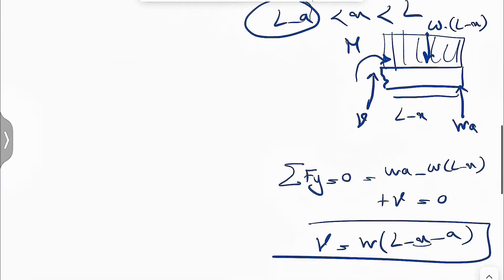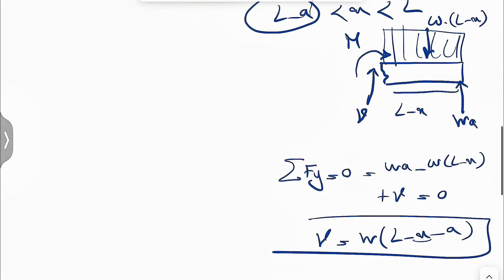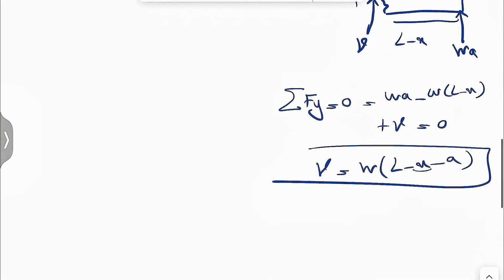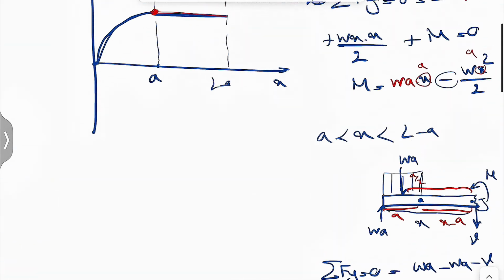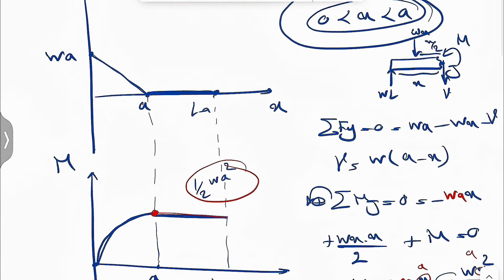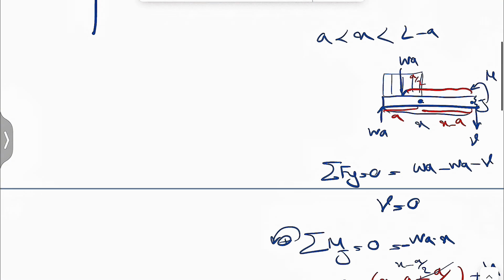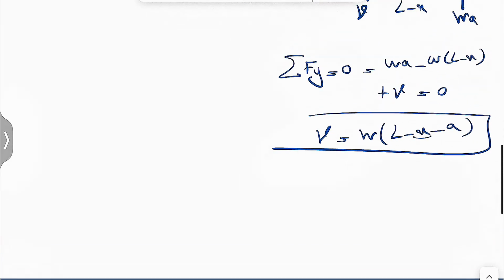And if we put the length L in there, we're going to get to negative WA, and we'll be on the negative side this time. So negative WA, and it's going to be the same slope. It's just we're going to go further down. And that's for the shear stress.